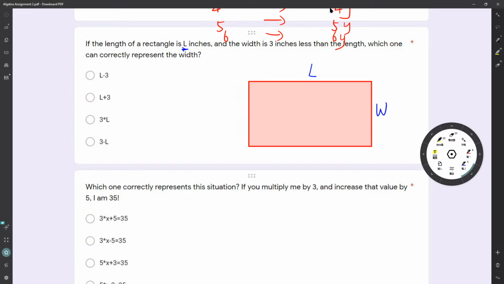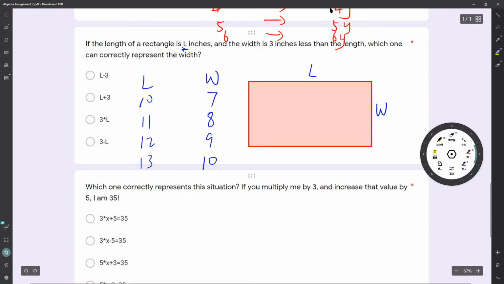So let's suppose for L and W, suppose the length is 10, the width is 3 inches less, so the width is 7. If the length is 11, the width will be 8. If the length is 12, the width will be 9. If the length is 13, the width will be 10. And I think you can see the pattern here.